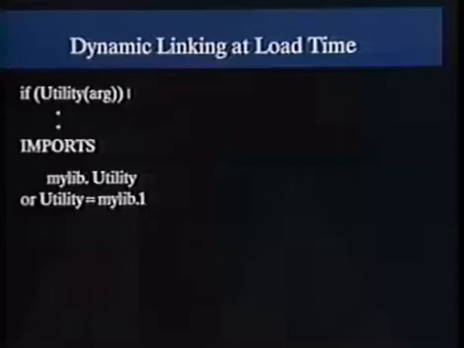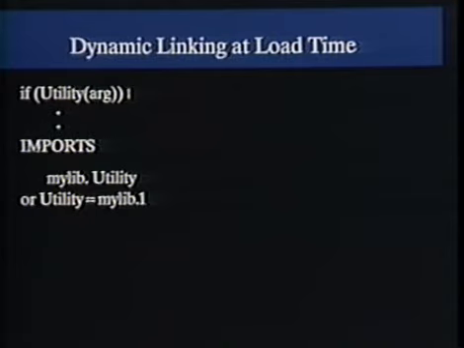So for example, on this particular slide, on the top part I have a call in my code somewhere to that utility that is sitting in my dynamic link library. So I'm making a call to utility in the code. When I compile this code, a reference to an external routine will be created by the compiler.